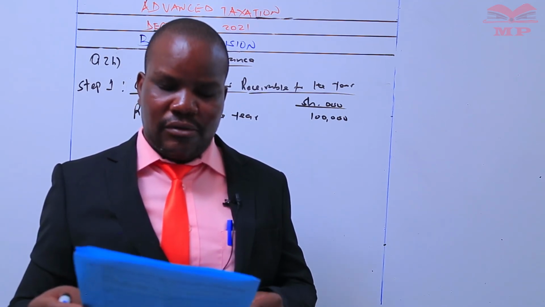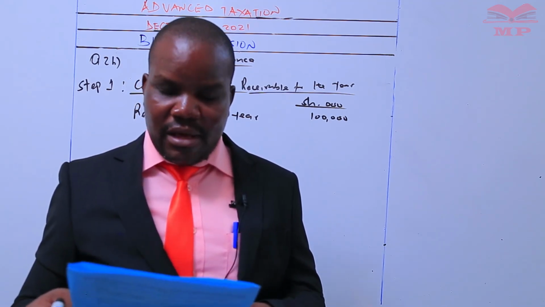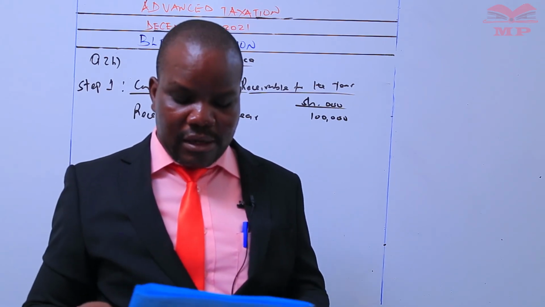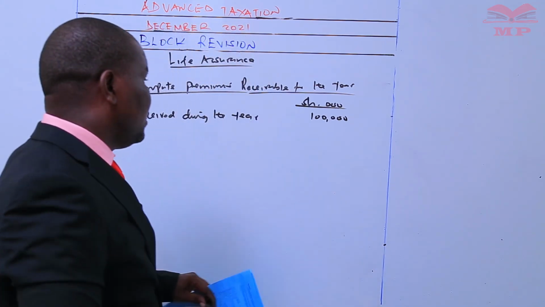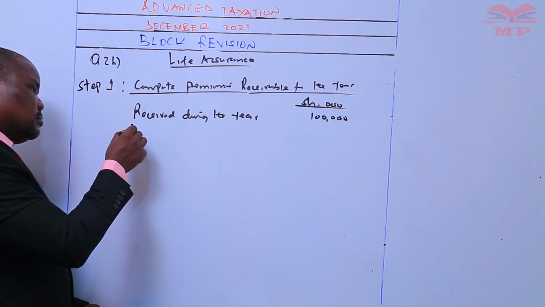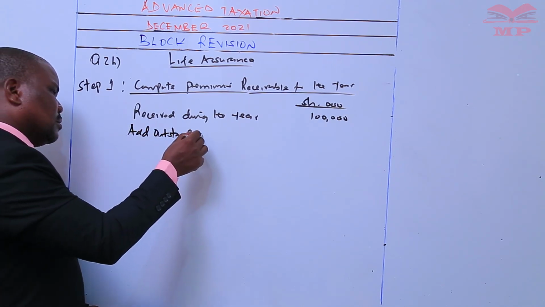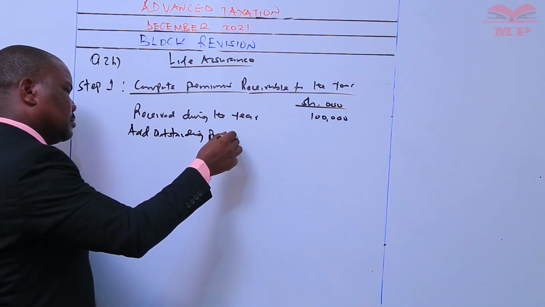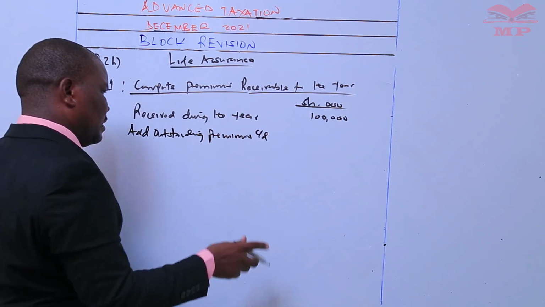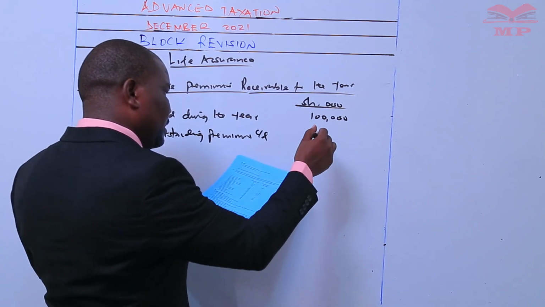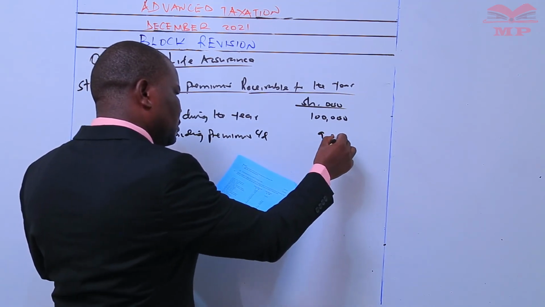So what we do is to add the outstanding premiums at the end of the year, and we deduct the outstanding premiums at the beginning of the year. So we say add outstanding premiums carried down, that is at the end of the year, note 5, that is 9.2 million.